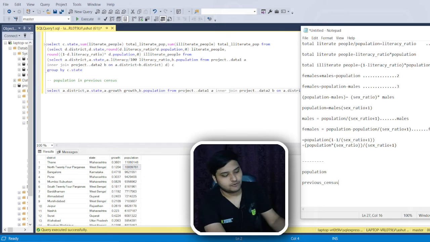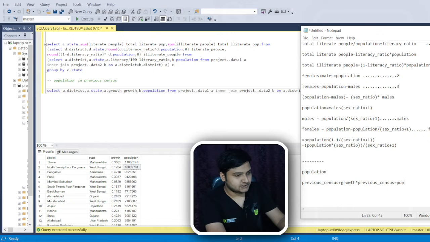According to the formula which I have given here, that is previous census plus growth, and this would be in terms of percentage. So growth into previous census is equal to the population which we are having here.